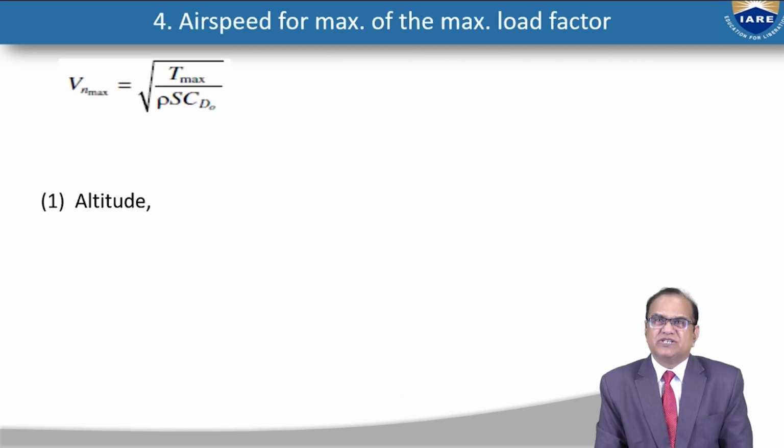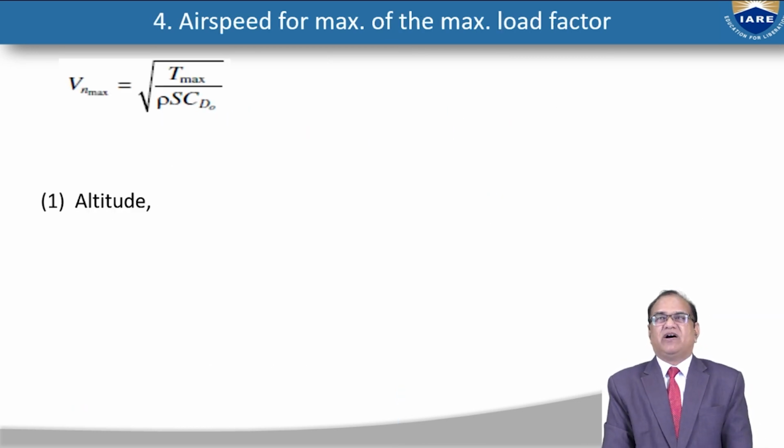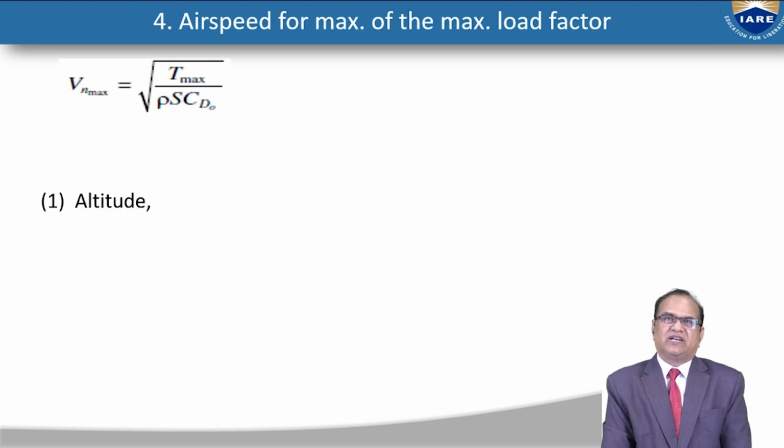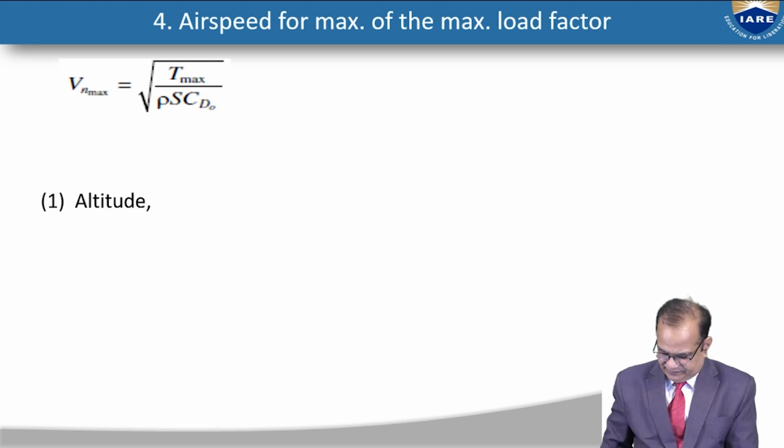Next I am going to discuss airspeed for the maximum of the maximum load factor. We have discussed the maximum of maximum load factor, and we know that V maximum will be under root T maximum by rho S CD naught.